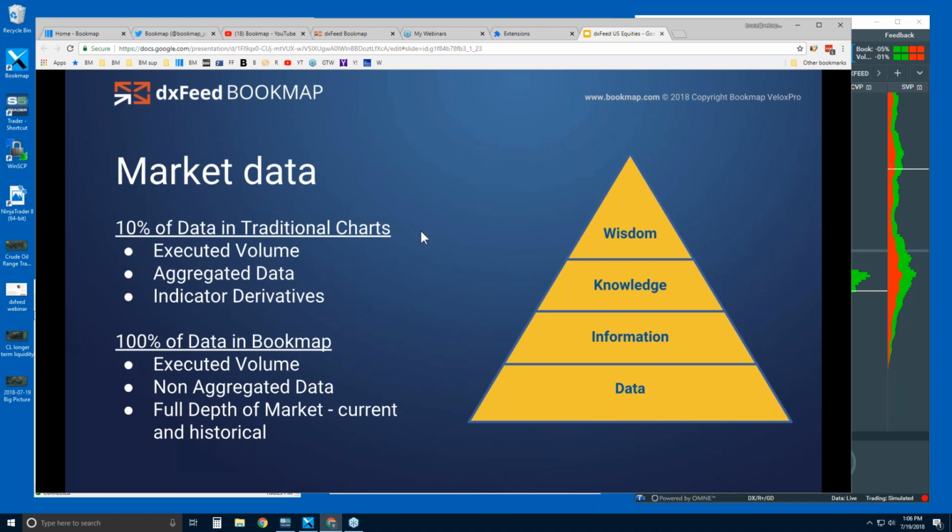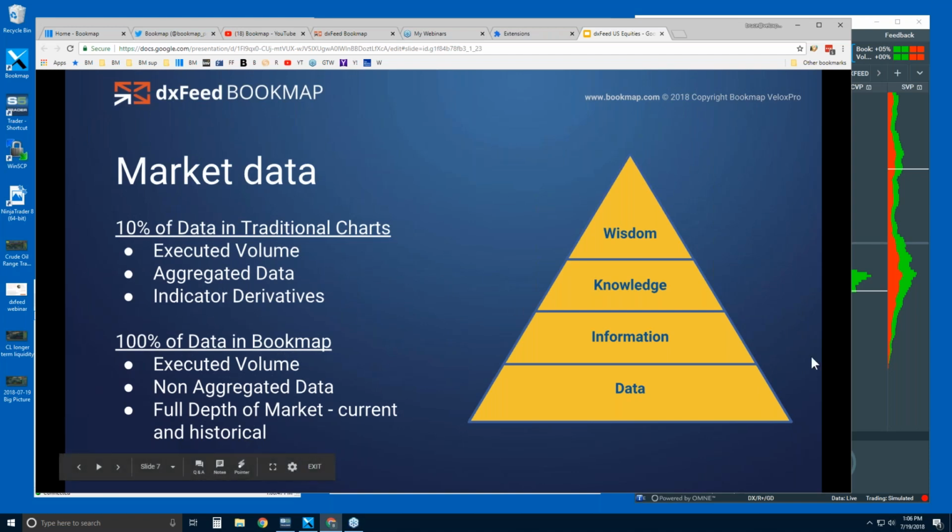We try to get insight into what's inside those bars with indicators, which are derivatives of time, price, and volume. Well, in Bookmap, you're going to be looking at 100% of the data. You'll look at the executed volume, but it won't be aggregated data. And you're going to see the depth on the bid and the offer, both current and historical.